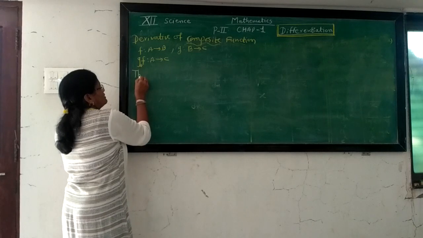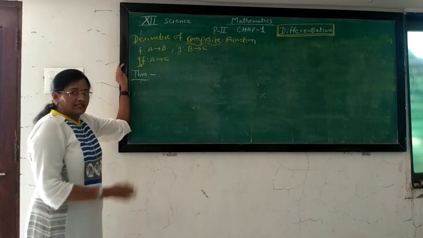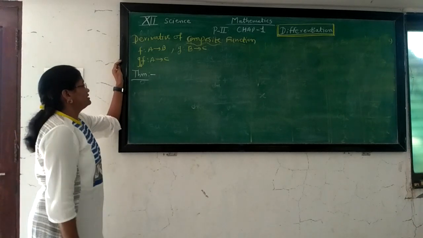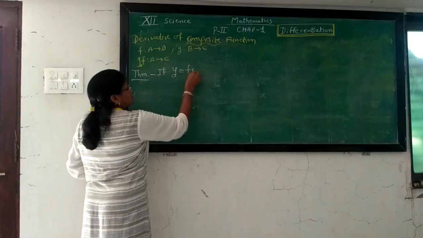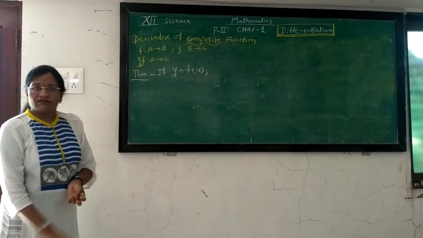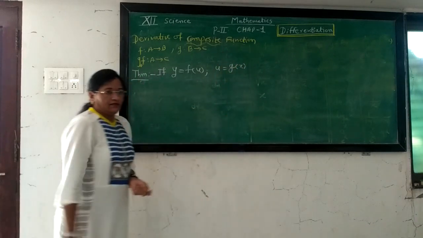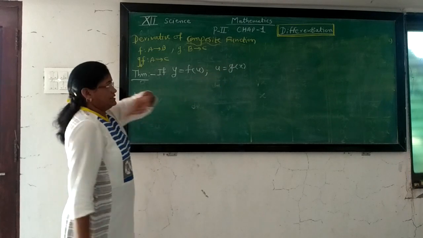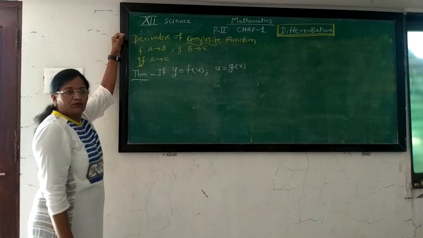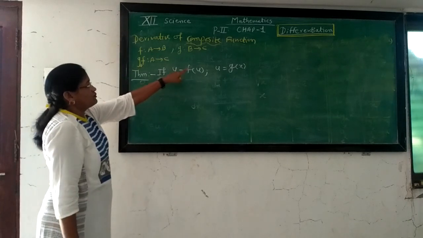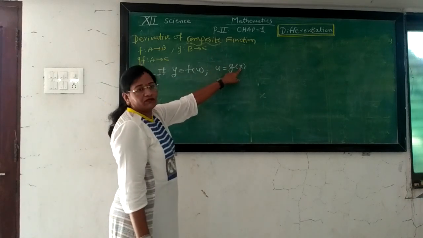And then our statement for the theorem. When this question is asked in the question paper, according to board rule, the statement is given to you. You only have to write the proof for this. It is given that if y is a differentiable function of u, and u is a differentiable function of x, then you have to show that the composition of f with g exists, and y can be differentiated with respect to the variable x.